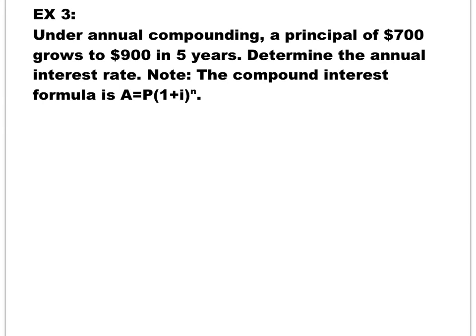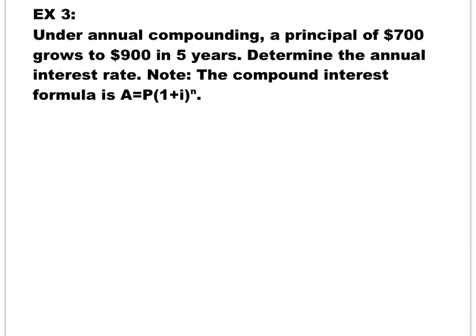In the next example, I've been given the future value of $700, which is $900, after 5 years. I have to find the interest rate using the compound interest formula, which is given here. A is the future value, which is 900.